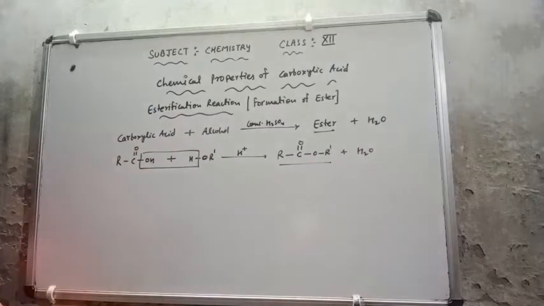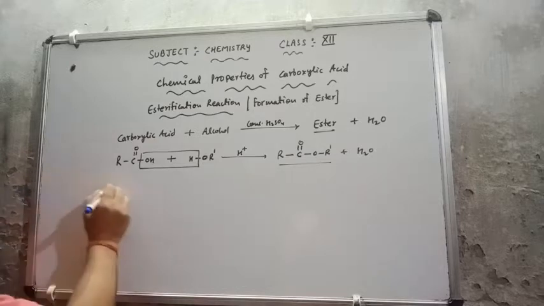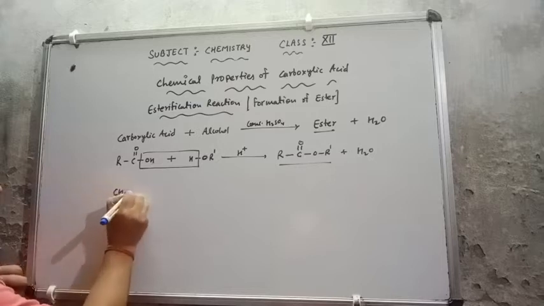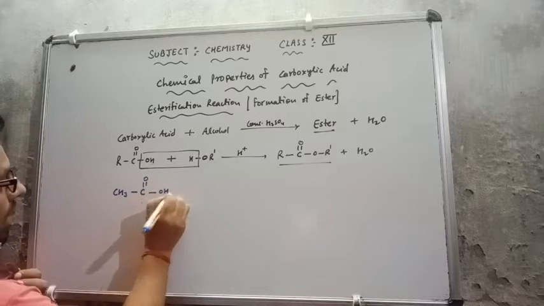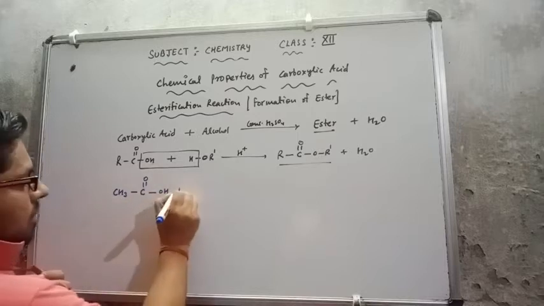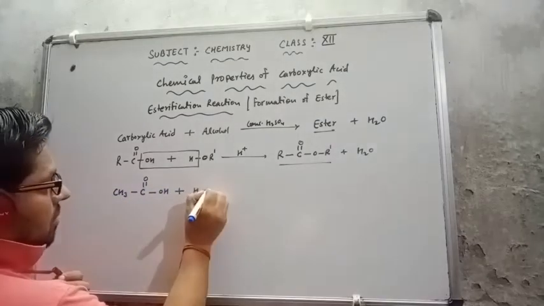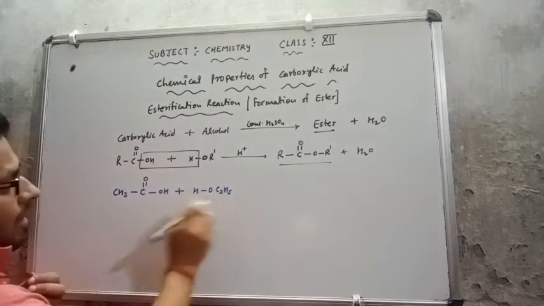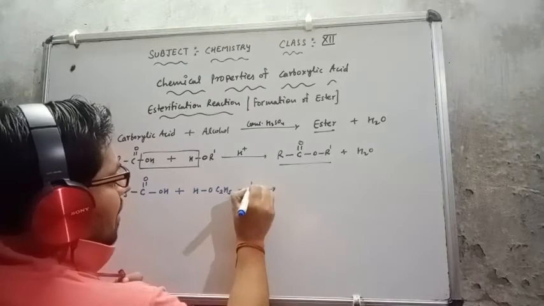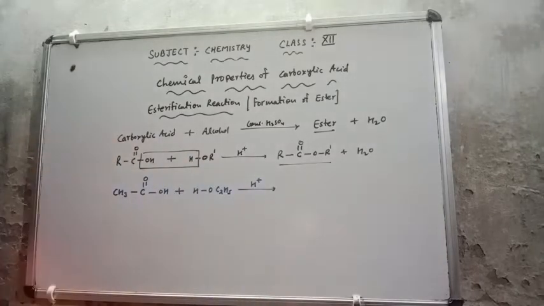Now if we discuss an example, the example is also very clear. Suppose I have taken here CH3 single bond C double bond O single bond OH. This is ethanoic acid, plus H single bond O, and this is C2H5. This is ethyl alcohol. Same, in acidic medium I am going to perform this reaction.